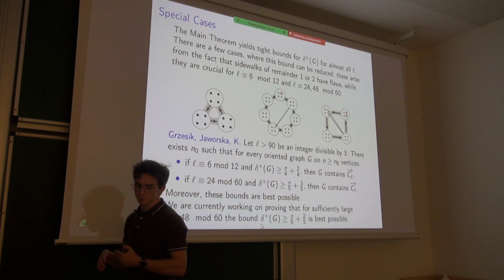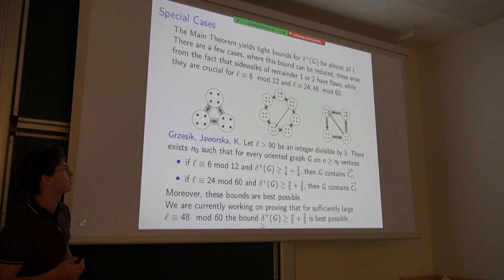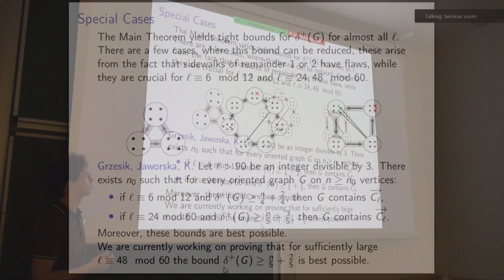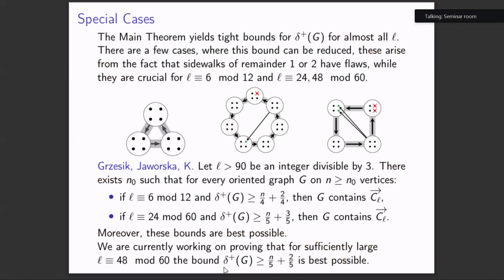Hence, we may not create the construction that exists for every remainder modulo 60, because we only work with L equivalent to 6 modulo 12 and equivalent to 24, 48 modulo 60. So these are the problematic remainders.